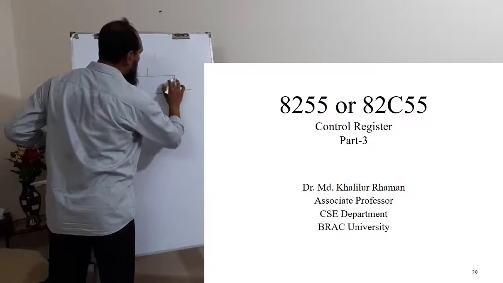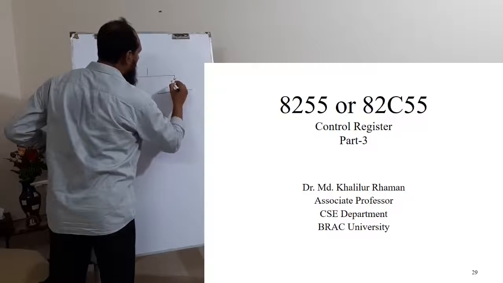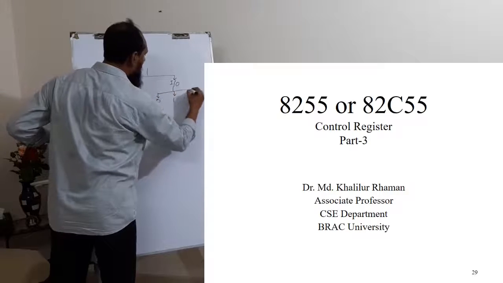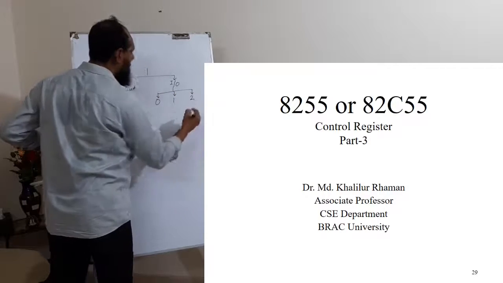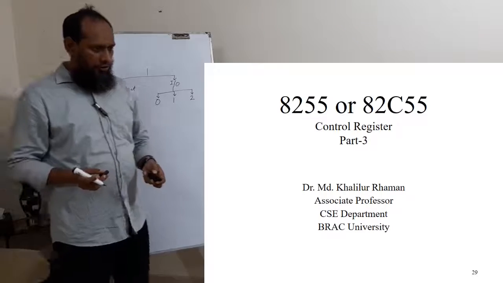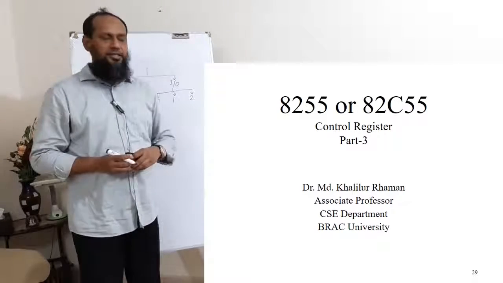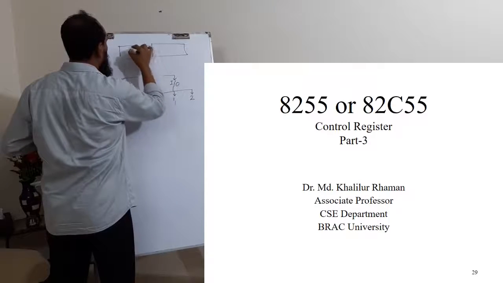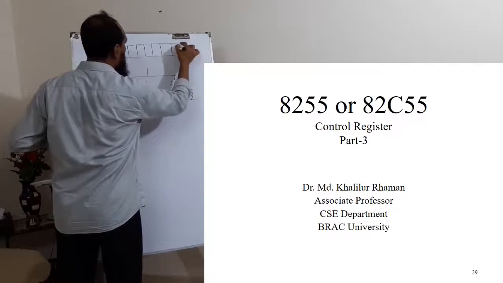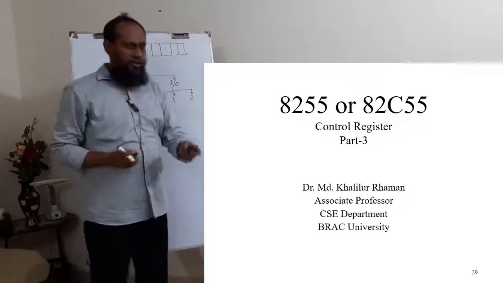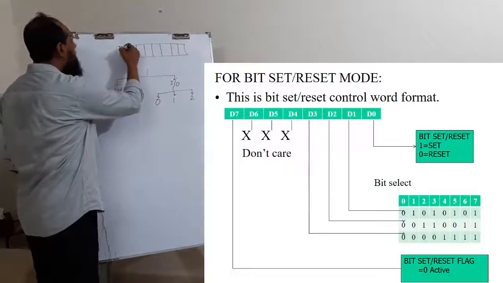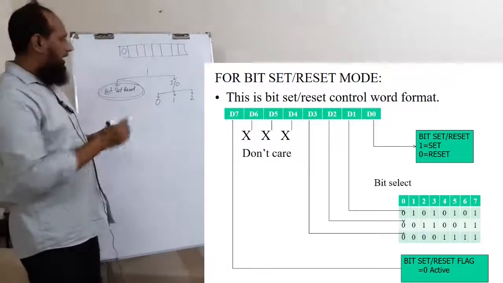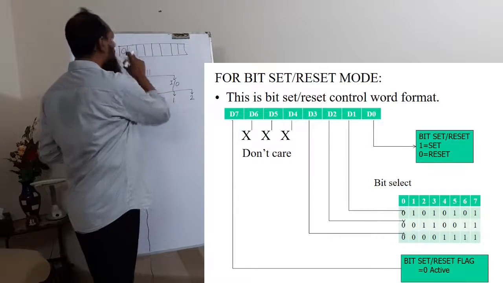In IO mode there are three modes: mode 0, 1 and 2. Just a review of the last session, the MSB should be 0 for bit set reset mode, and for IO mode it should be 1.